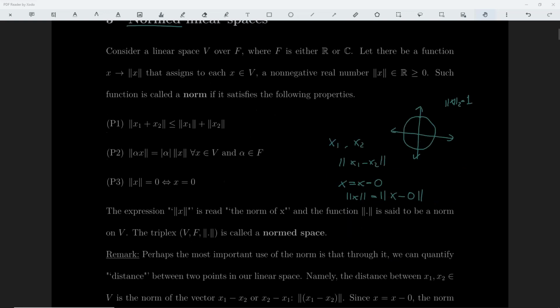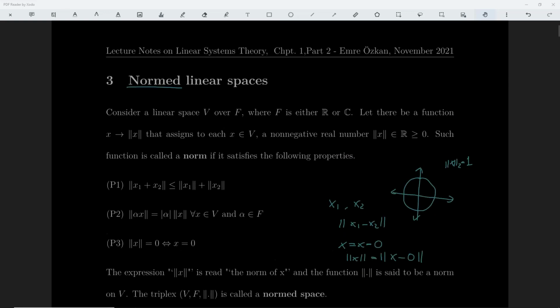So the norm functions will be important for building up this geometry in our vector space, and it needs to satisfy certain properties such that it has to satisfy the triangular inequality, and the scalar multiplication should satisfy certain properties, and also the norm function should return non-negative values.